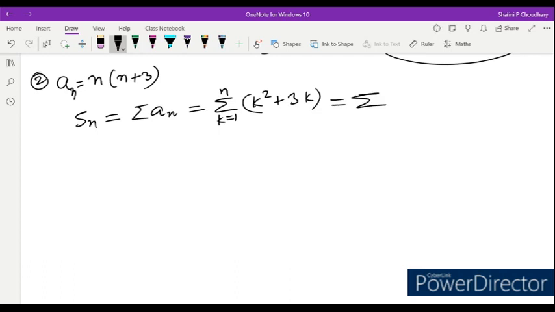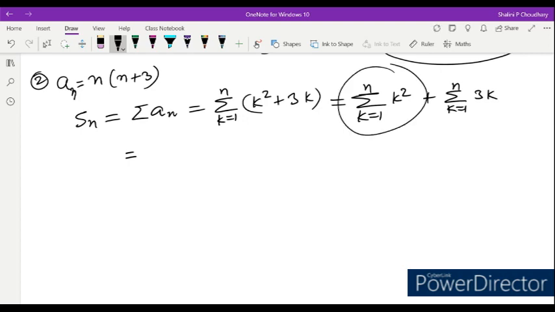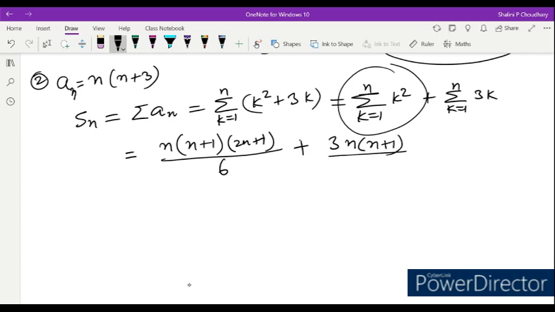Now we can write summation of k from 1 to n of k square plus summation of k from 1 to n of 3k. Then the value of Sn: first the sum of squares of n terms is equal to n into n plus 1 into 2n plus 1, divided by 6. And plus 3 times the summation of k, which for n terms is equal to n into n plus 1 divided by 2.